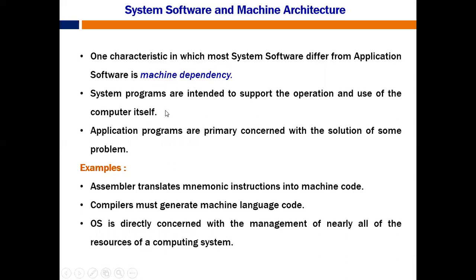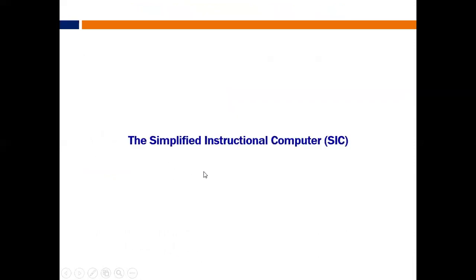An assembler translates mnemonic instructions into machine code. This is one system software part. Compilers must generate machine language code, again a system software. The OS is directly concerned with the management of nearly all the resources of the computing system. So these are all examples of system software.